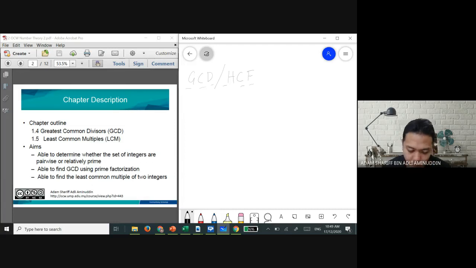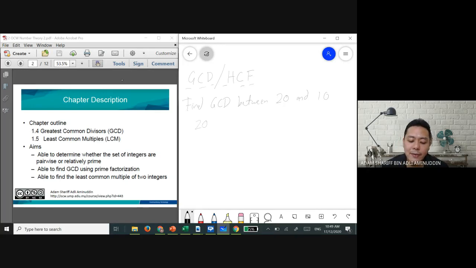Therefore, when we talk about GCD or greatest common divisor, it must involve more than one number. Contoh, find GCD between 20 and 10. Okay, saya ambil yang kecil dulu. 20 and 10.